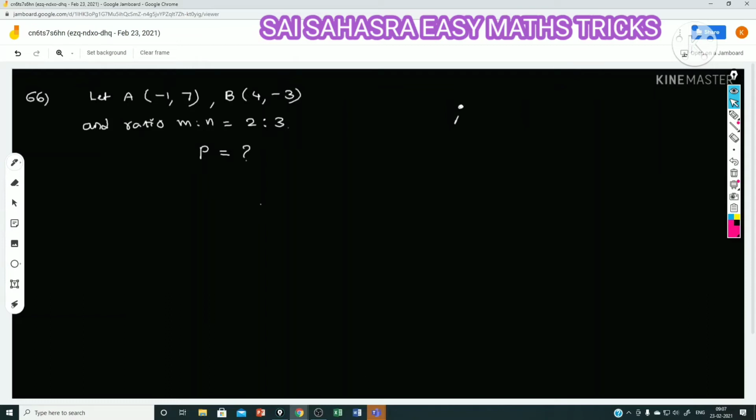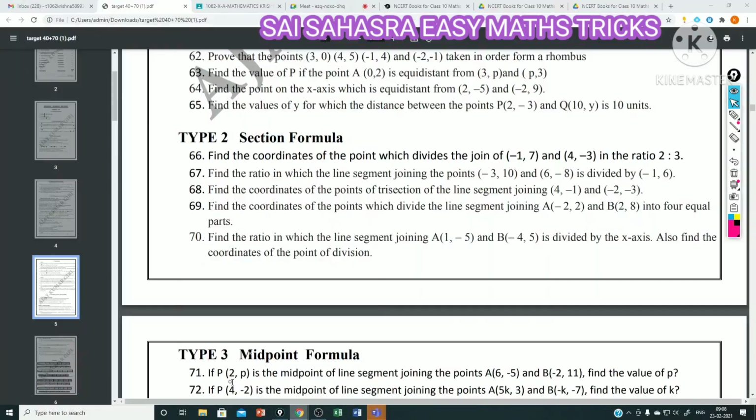So point A, point B, the line segment joining point A and point B is divided by one point P in the ratio 2 is to 3. This A point is minus 1 comma 7 and B point is 4 comma minus 3. How to identify A point and B point?